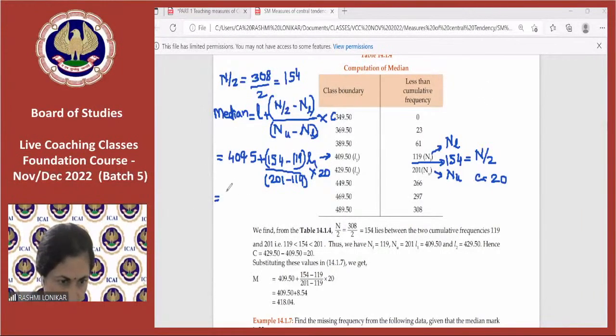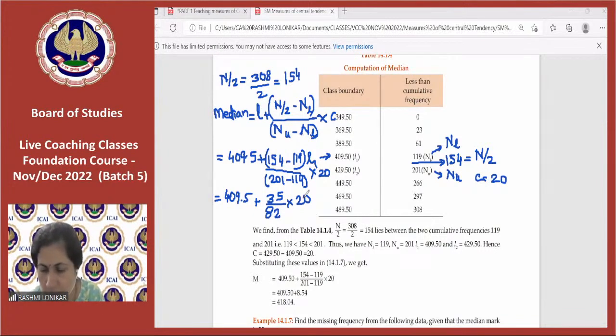Now which is equal to 409.5 plus 154 minus 119. 154 minus 119, which is 35, upon 201 minus 119, 82, into 20.